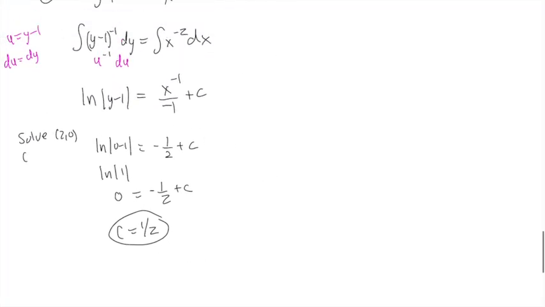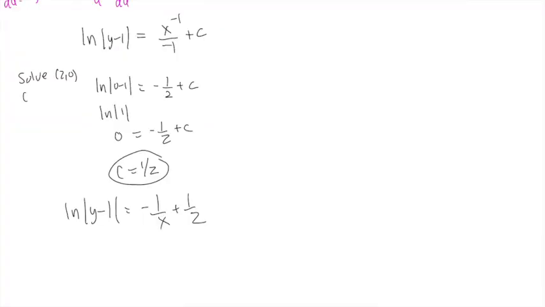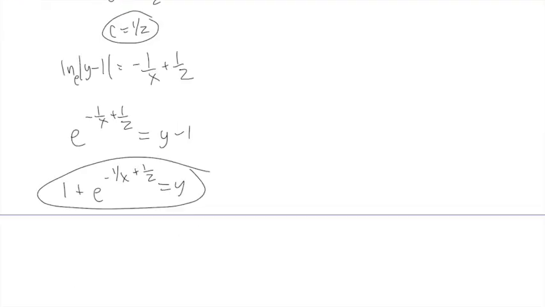So let's substitute everything back in. Again, we know that this is base e, so it's going to be base e to the exponent of this equals y minus 1. So here is my final equation.